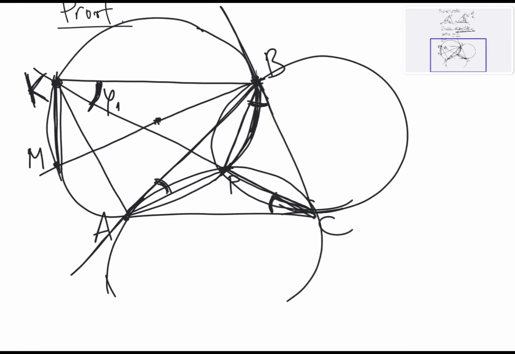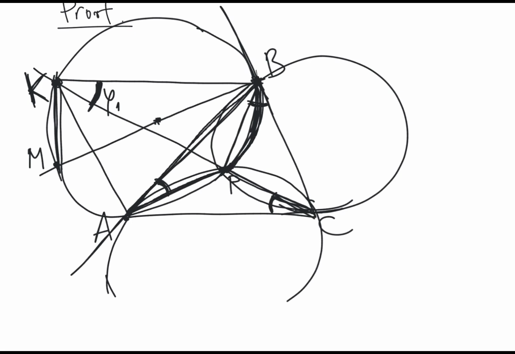Okay, this angle is an inscribed angle in this circle, and it subtends the arc BP. Another angle that subtends the same arc is this angle BAP. These are two inscribed angles subtending the same arc, therefore they are equal to each other.